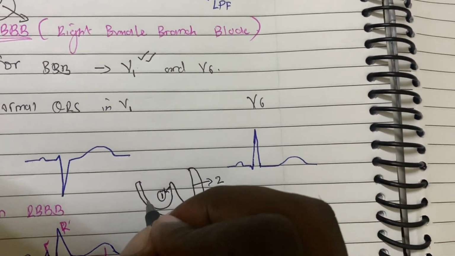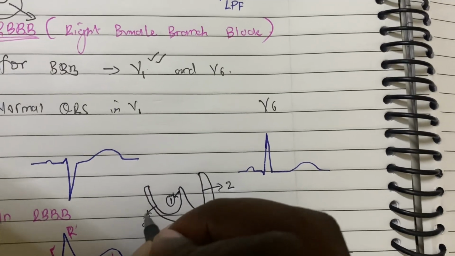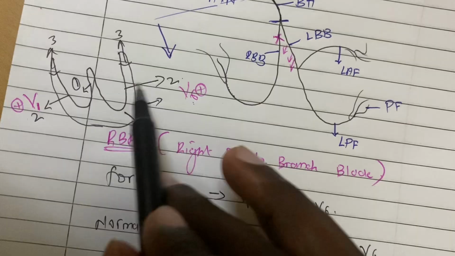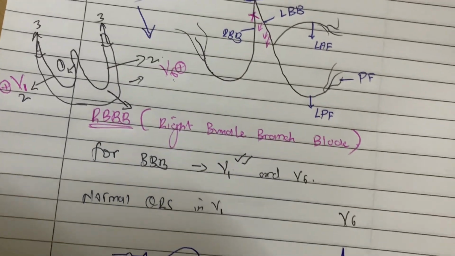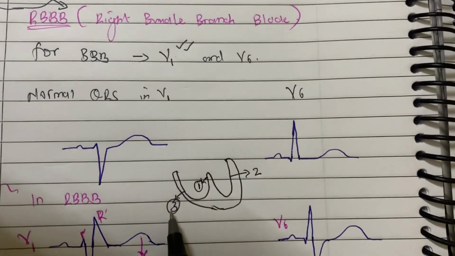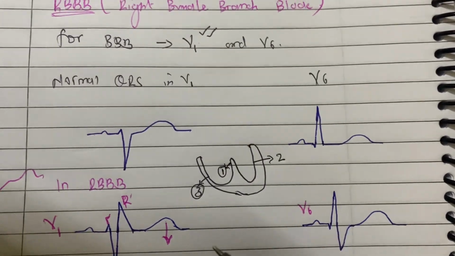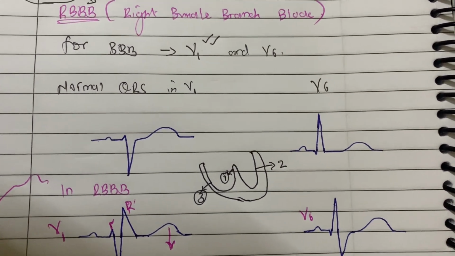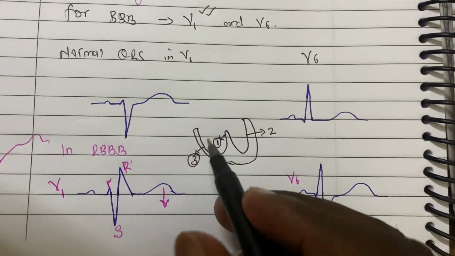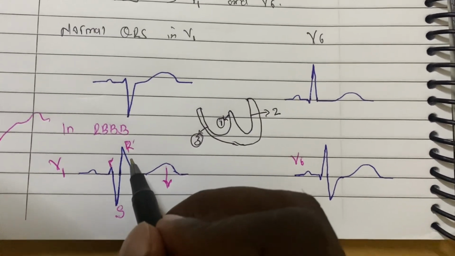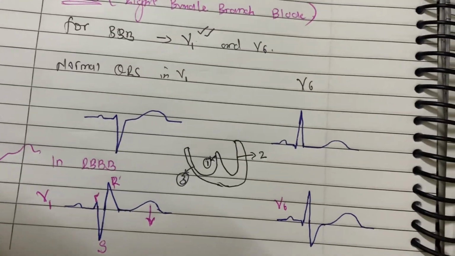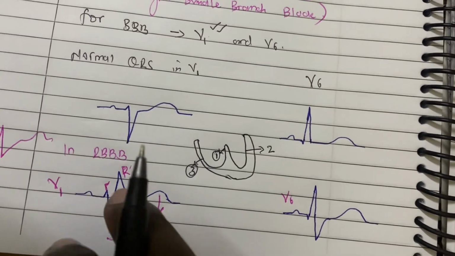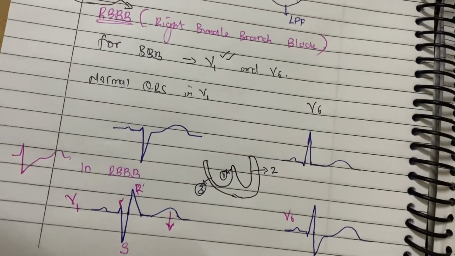And then this one will happen as number 3. In the usual state, they happen at the same time. But in RBBB, this one is depolarized later as 3. So expect 1 as R, 2 going to LV, S, and 3 going to RV as R prime. That is RBBB.